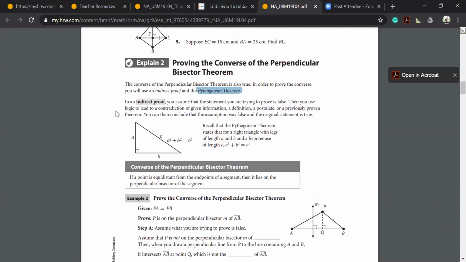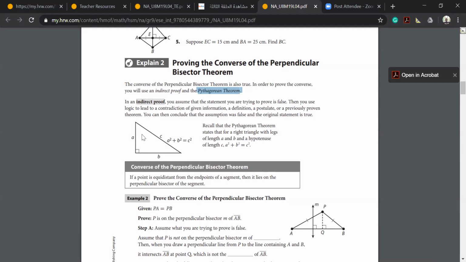Let's read from here. If you remember, the Pythagorean theorem was talking about if I have a right angle triangle. You remember the right angle triangle? A right angle triangle is a triangle in which this angle is 90 degrees. You know that any triangle has three sides. We always name the hypotenuse. The hypotenuse is the side in front of the 90 degree.